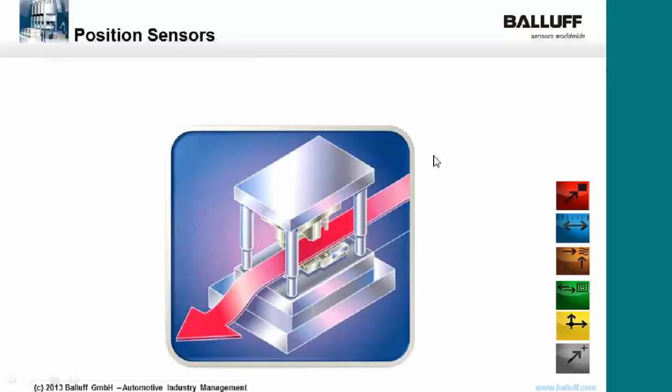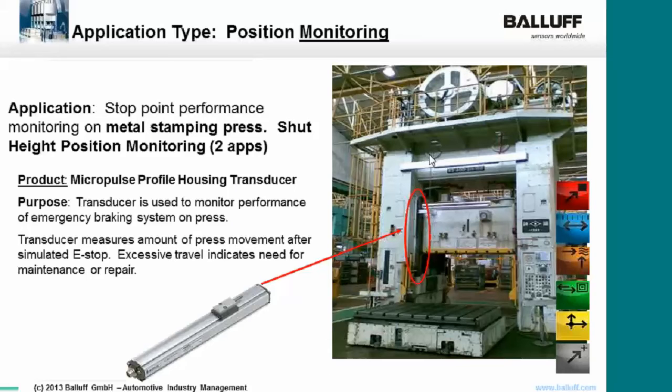Position sensors. Here is a linear transducer on a press. A common application for this would be shut height positioning. What the transducer is doing is monitoring the performance of the emergency braking system on the press.